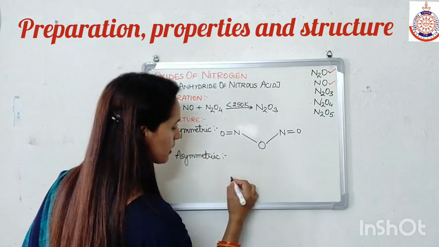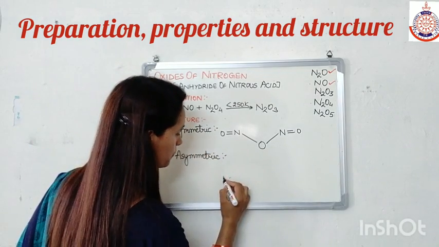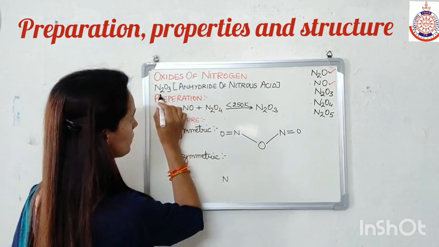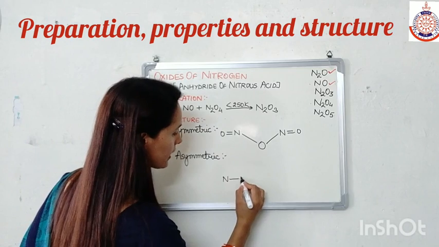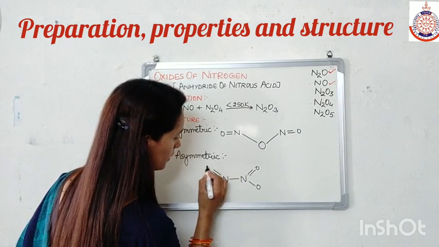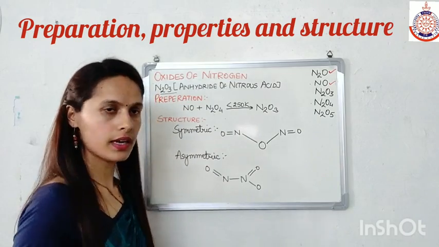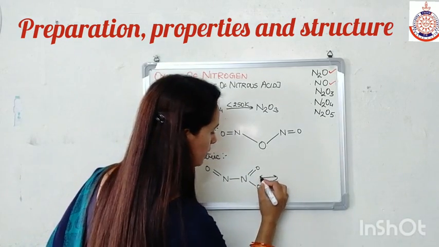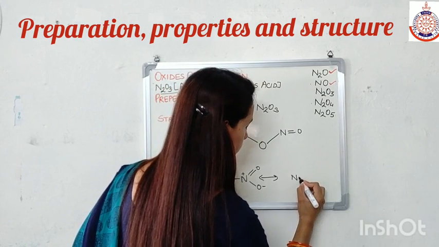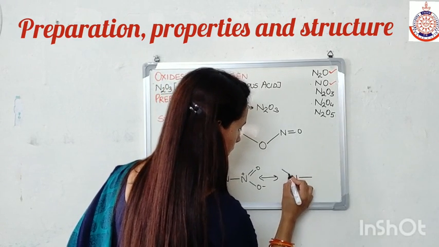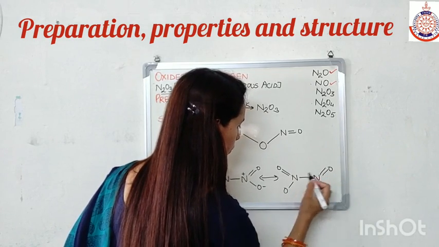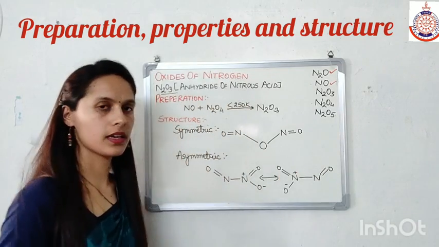Now in asymmetric structure, it is like N, what is the formula? N2O3, so it is like N, double bond O, single bond O, double bond O. Clear? And second, here it is positive, here it is negative, or single bond O, double bond O, negative, and double bond O. Here it is positive, here it is negative.